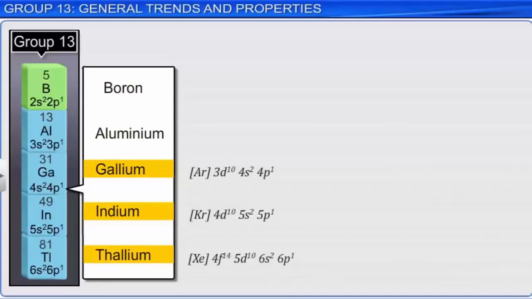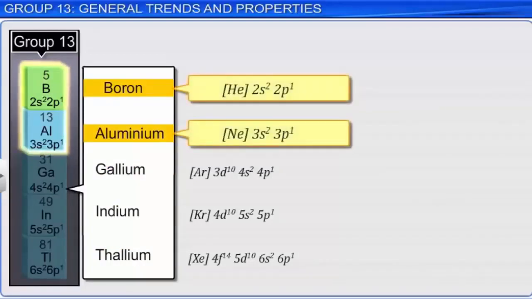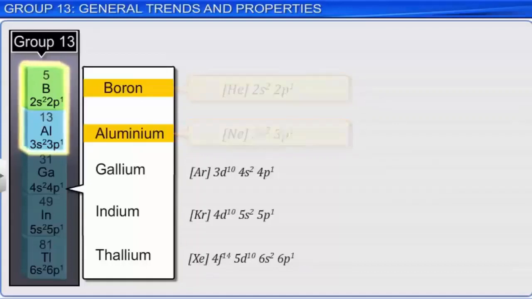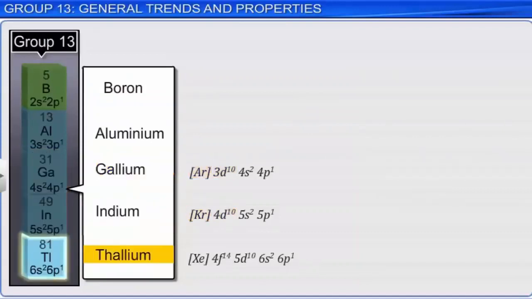This complexity affects the chemistry of this group. While boron and aluminium have core configurations identical to the nearest noble gases, as we saw just now, gallium and indium have 10d electrons in addition to the noble gas core. Thallium has 14f electrons plus 10d electrons in addition to the noble gas core.